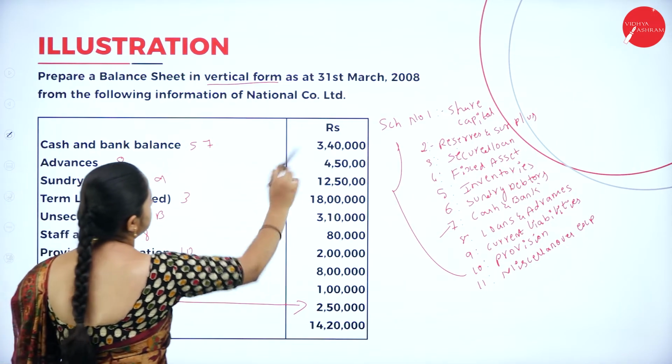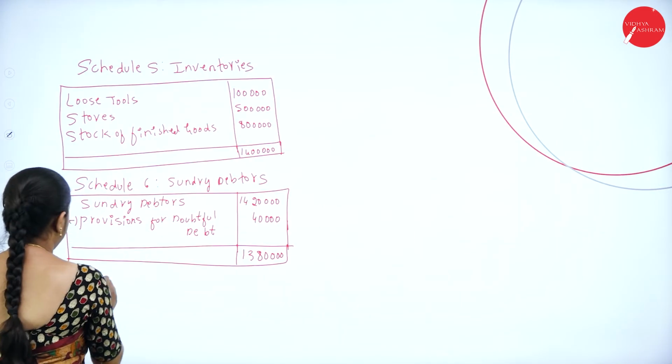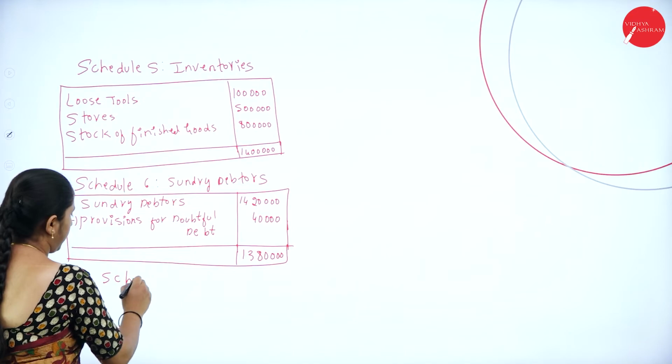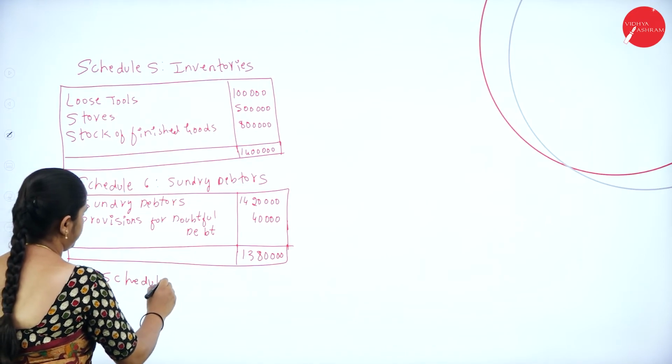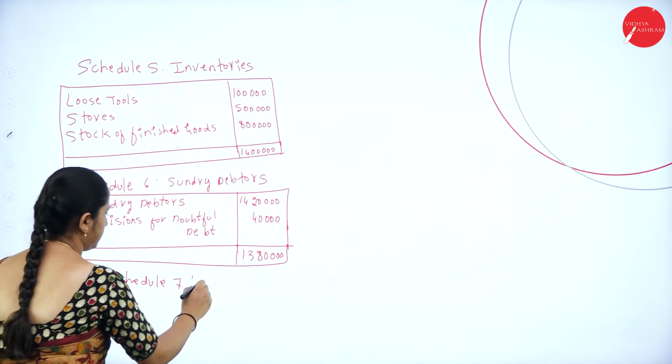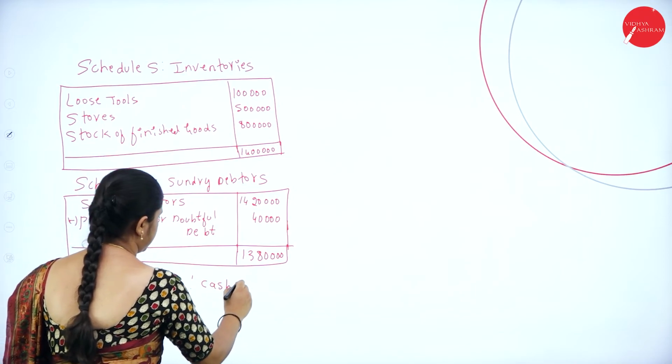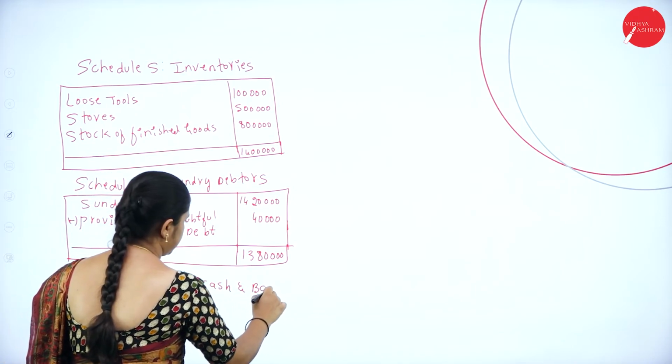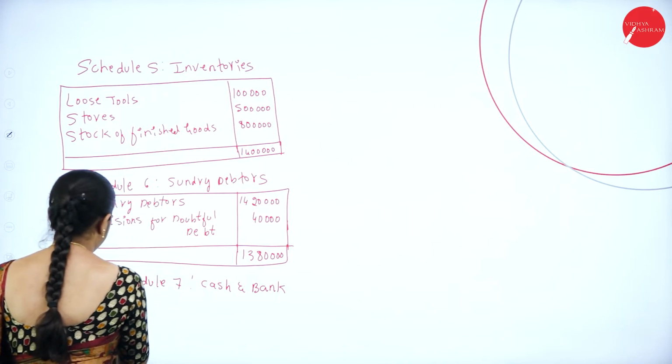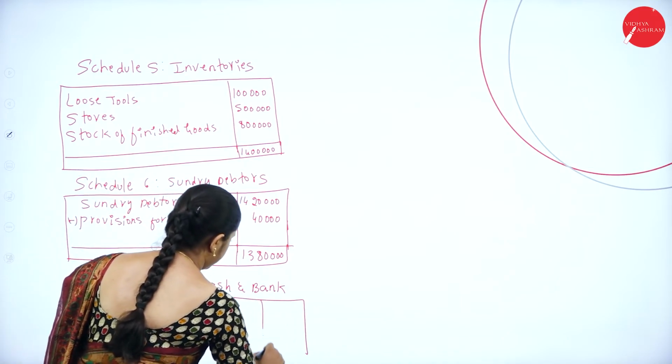Cash and bank balance 3 lakh 40,000. So write schedule 7, cash and bank. We have only one amount.